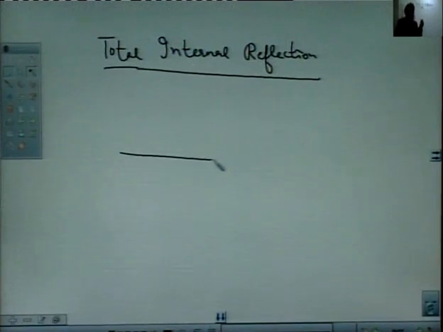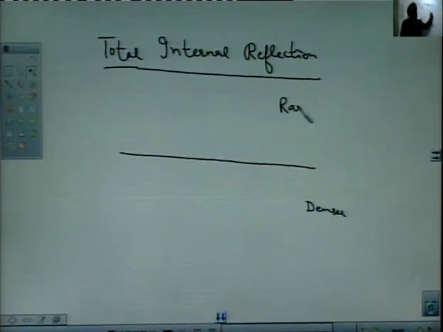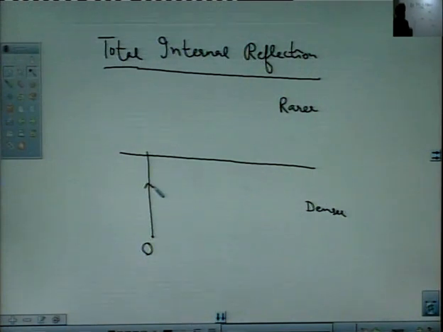Suppose we have a denser medium, say water, and a rare medium, say air, and the object is inside the denser medium. A ray of light falling here will neither bend away nor towards the normal, it will go straight.